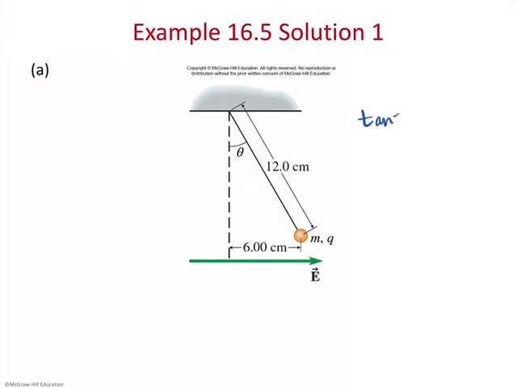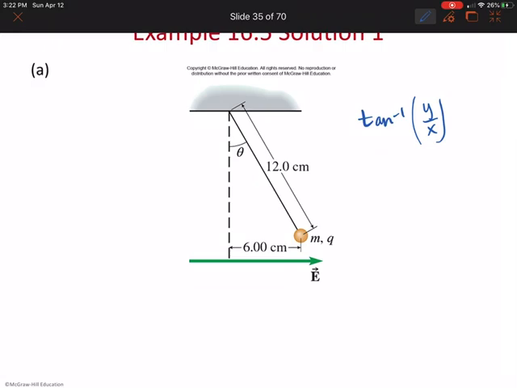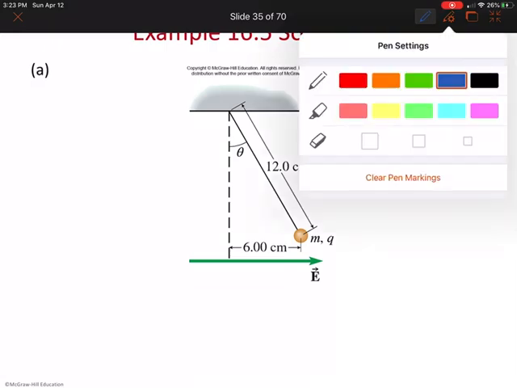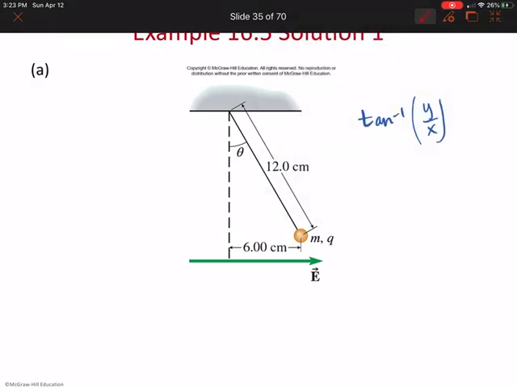So you guys remember we were able to find angles whenever we did inverse tangent. We usually would do inverse tangent of y over x, but we don't do y over x this time. Why not? Well, tangent is opposite over adjacent. So what is the opposite here of this angle? Well, that's the x in this case, right? The adjacent is actually the y.